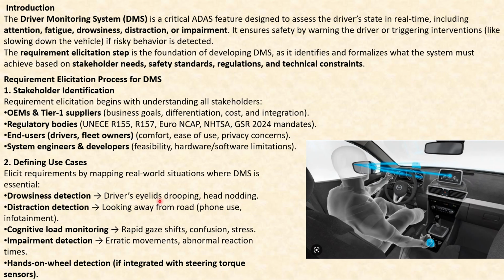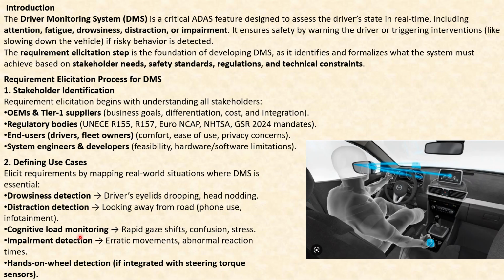If the driver's eyelids are drooping and the head is nodding, then drowsiness is detected. Next is distraction, such as using the phone or concentrating on the infotainment. That is recorded and interpreted as distraction. If the driver is looking away from the road, it is also considered distraction.